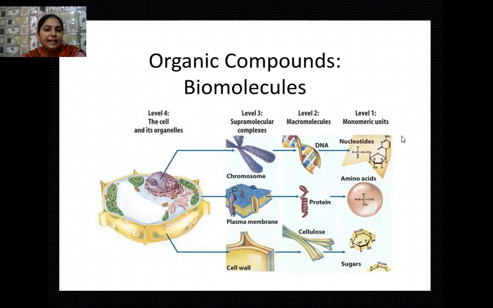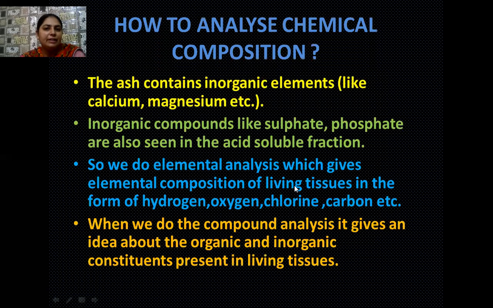Okay, students, here I have shown the different types of organic compounds or biomolecules, and where these biomolecules are generally present, that I will discuss later. First we proceed. As I told you, we obtain ash. This ash contains inorganic elements, which may be calcium and magnesium, and inorganic compounds are also present in this ash. These are the sulfate and phosphate, which are seen in the acid soluble fraction.